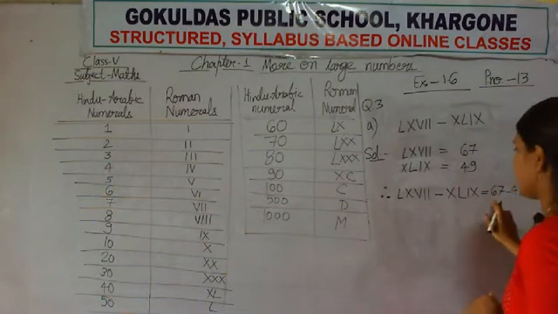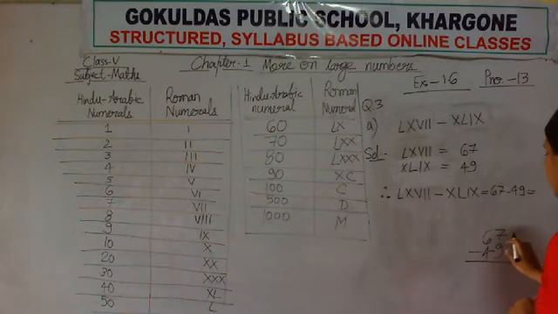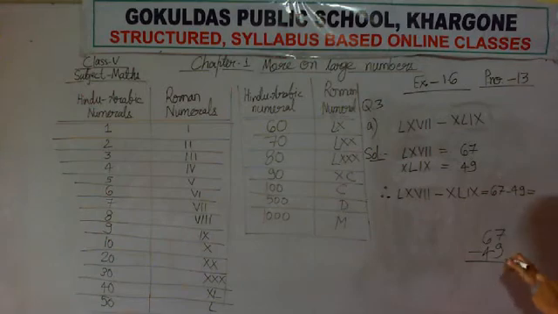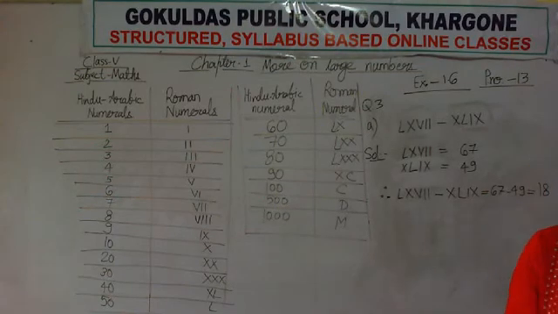When you subtract 49 from 67, you cannot subtract 9 from 7. So you will borrow. It becomes 17. 17 minus 9, 8, 5 minus 4, 1. So you got 18.